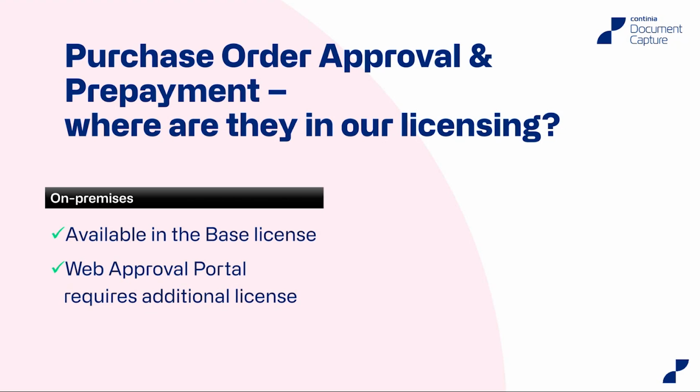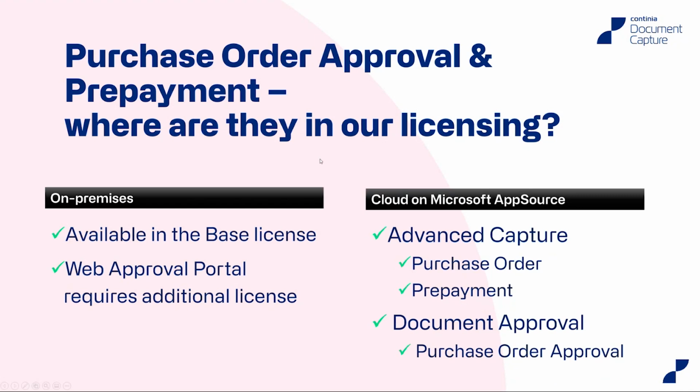Or otherwise, partners, you can go to your partner account manager, or you can always find our prices on our websites. For Business Central Cloud and customers accessing our solutions through Microsoft App Source, the general features for both purchase order handling and prepayment is through the extra feature module called Advanced Capture on Document Capture.